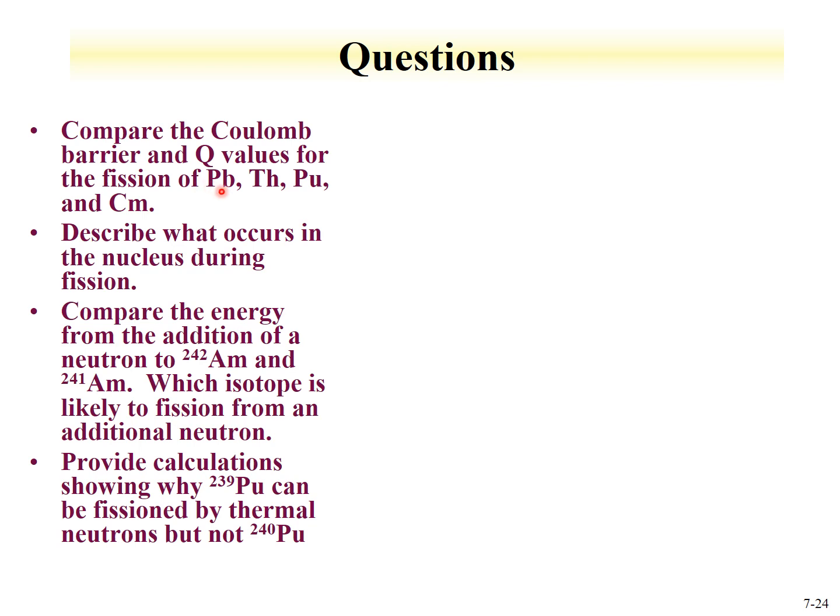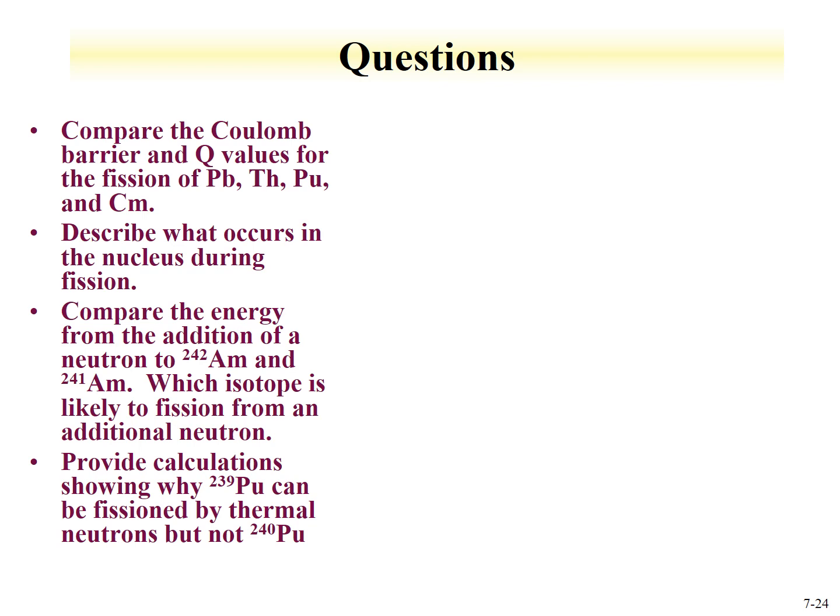And the trend would be that you would see differences in the Q value and the Coulomb barrier, and particularly the difference between those values, as you increase from lead to curium. The fact being that as one increases in Z, that barrier difference increases, therefore fission increases in probability.